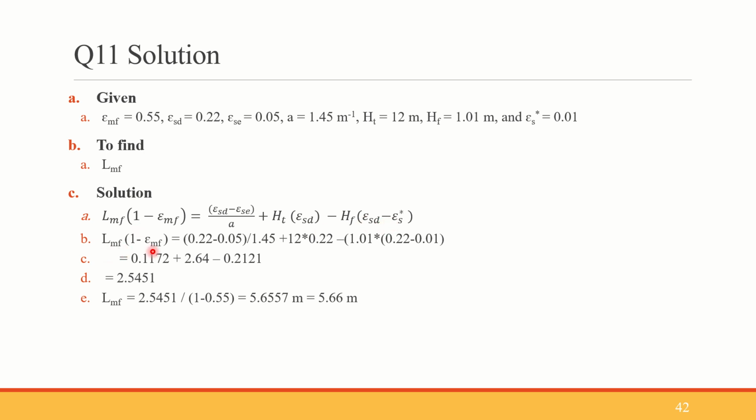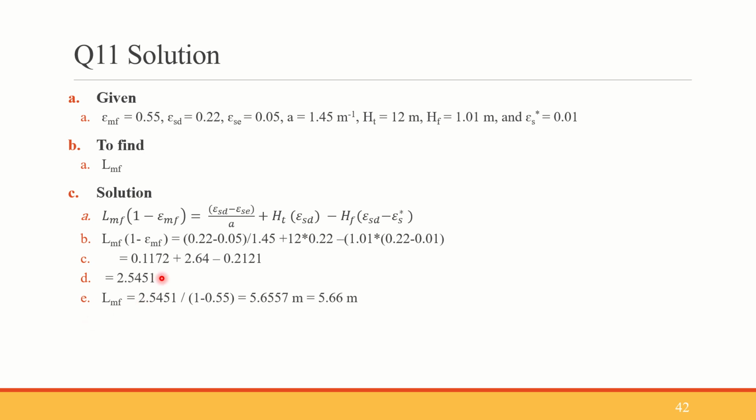So LMF into 1 minus epsilon MF is equal to epsilon SD, 0.22, minus epsilon SE, 0.05, divided by 1.45, plus HT, 12, into 0.22, minus HF, 1.01, into 0.22 minus 0.01. So this particular term gives us 0.1172 plus 2.64 minus 0.2121. Finally, we are getting it as 2.5451.